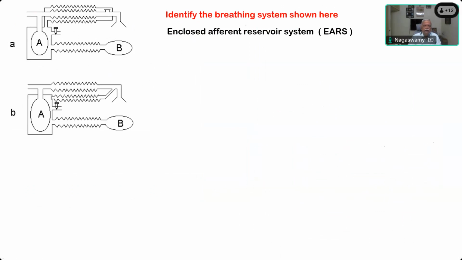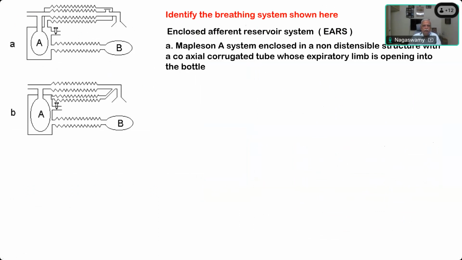This was introduced as the Mapleson A system enclosed in a non-distensible container with a coaxial corrugated tube whose expiratory limb is attached to the bottle.